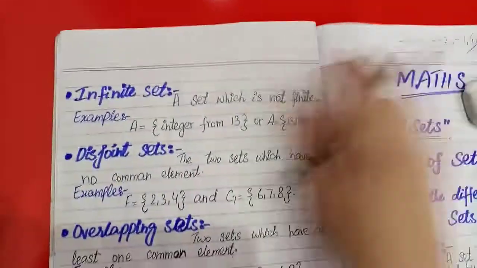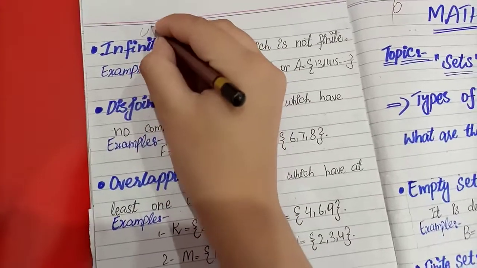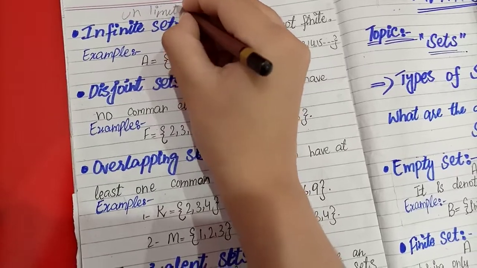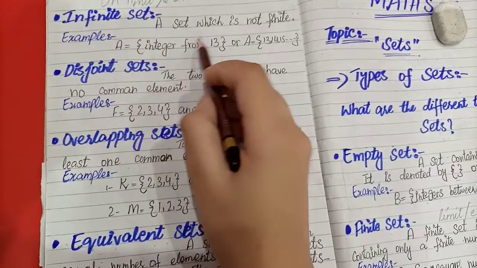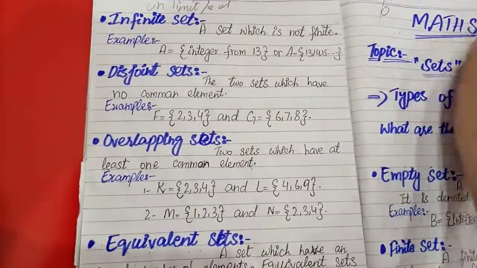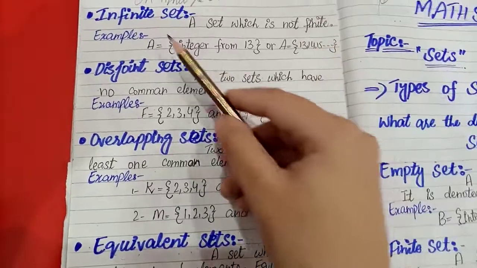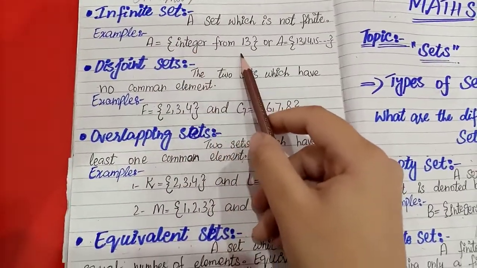And now we have the infinite set. Infinite means unlimited. A set which is not finite, meaning a set which is not limited, is called an infinite set. See the example: A is equal to the integers from 13.